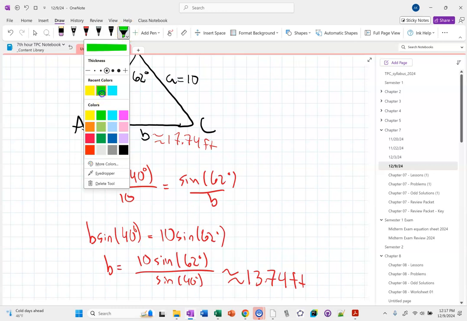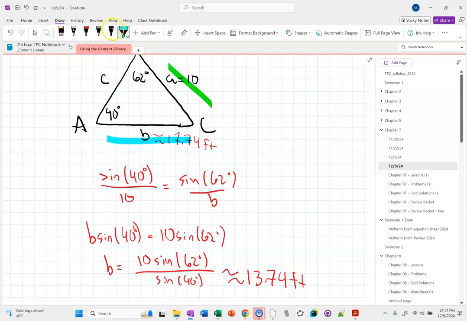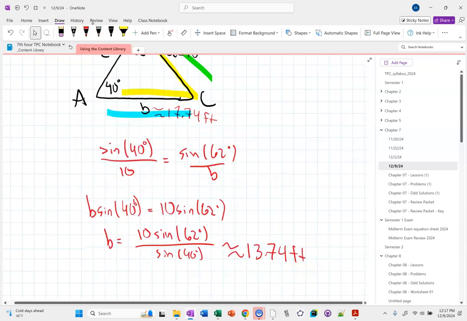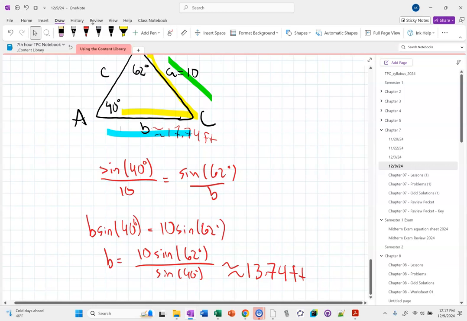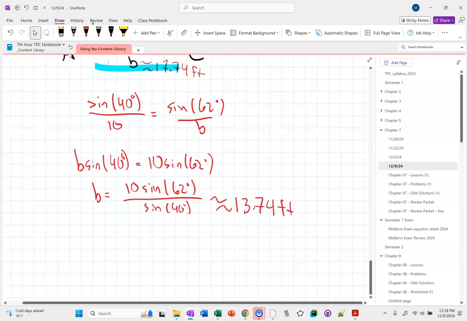So if I'm going to use side a and then side b, I got to find angle C anyway, huh? To do the side angle side. Well, that's easy though, right? How do I find angle C? You subtract from 180, right?